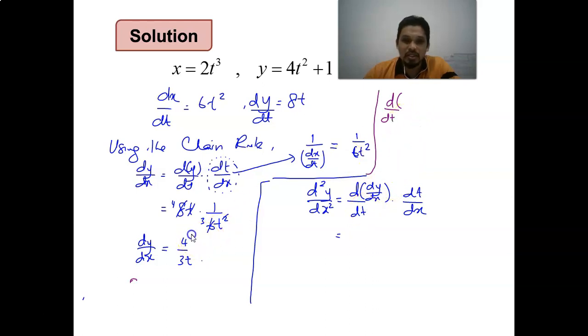Actually, we are deriving 4 divided by 3t. Just treat this as u and this one as v, then use u prime v minus u v prime, divided by v squared.